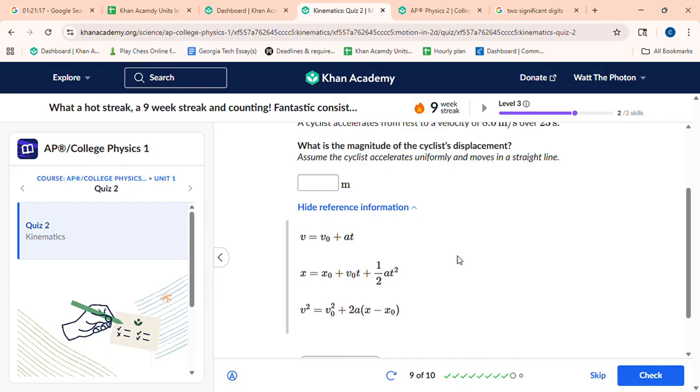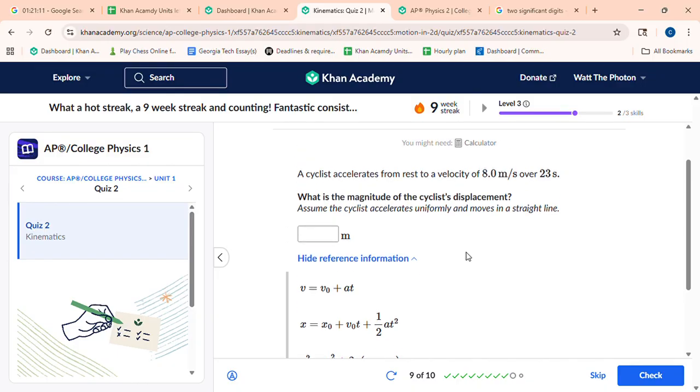Wait, I might not even need acceleration. Delta x is equal to v, which would be 8, plus v naught, which is 0, over 2, times time. Time is 23. Is that all they need? Yeah. Okay, I just overcomplicated this. So it's 4 times 23. That's 92 meters.